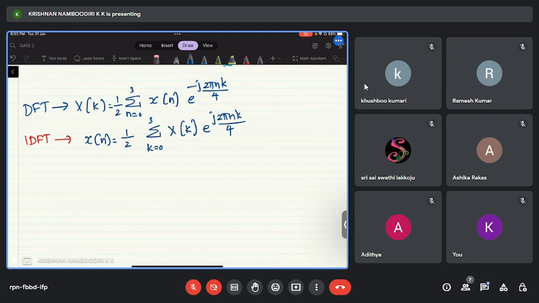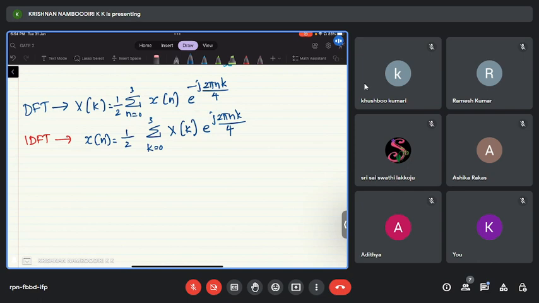Sometimes in the forward DFT, we will take nothing outside the summation, just 1. And when you are taking IDFT, we will take 1 by n. But in the question, it is defined in this way, 1 by root n in forward and reverse DFTs, that means in DFT and inverse DFT.